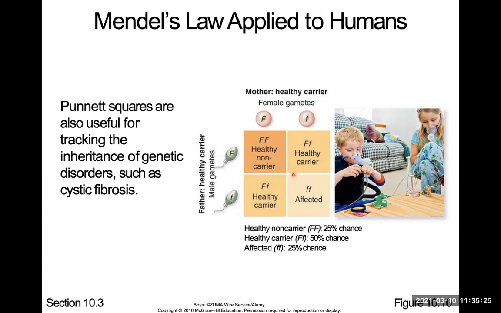When they reproduce, they're going to have big F, big F, healthy non-carrier; big F, little f, healthy carrier; big F, little f, healthy carrier; and then affected, little f, little f. Then you look at the genotypes: one homozygous dominant, two heterozygous, one homozygous recessive. For phenotypes, you have one who's healthy, two that are carriers, and one who's sick, affected, 25% chance.